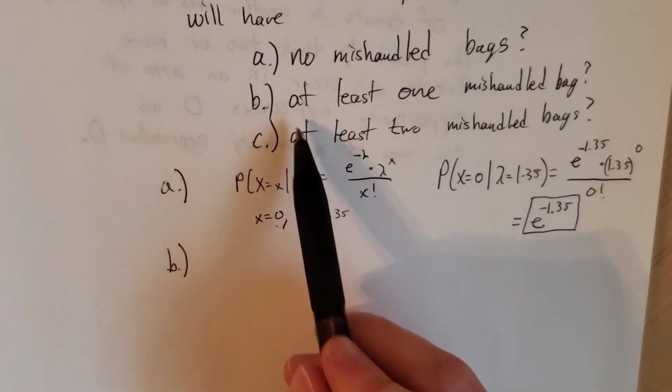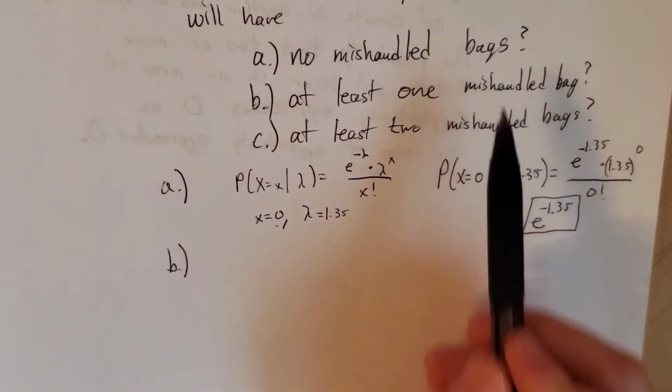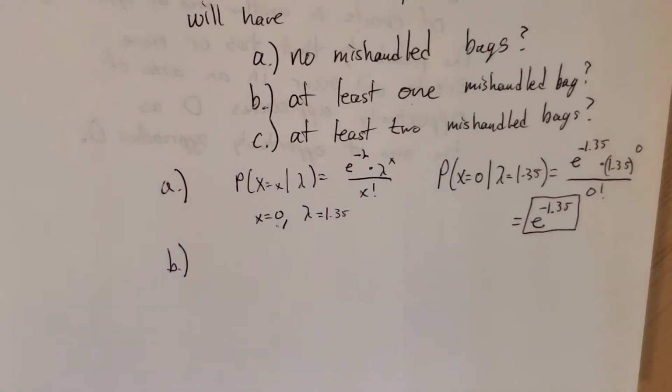What is the probability that we have at least 1 mishandled bag? Well, at least 1 mishandled bag means 1 or more. Well, the total probability of every possibility should be 1, right? That should add up to 1, right? The probability of 0 mishandled bags plus the probability of 1 mishandled bag plus the probability of 2 mishandled bags, all the way up until 1,000.